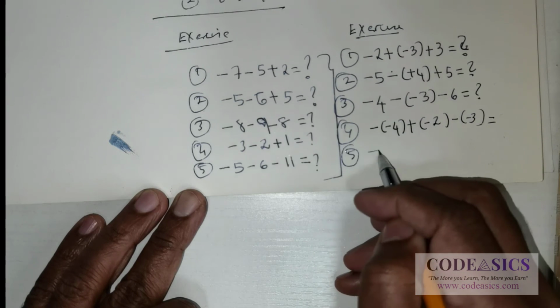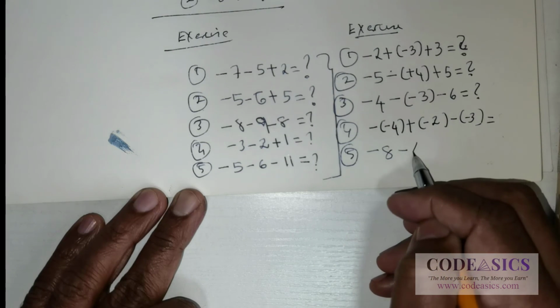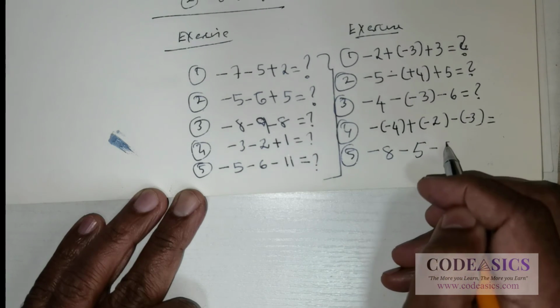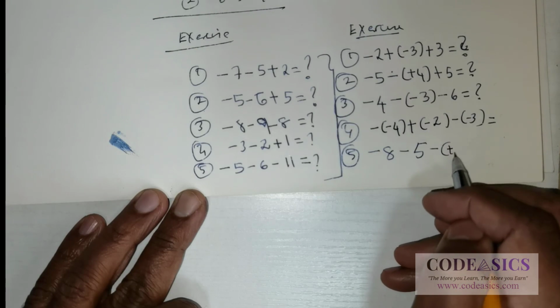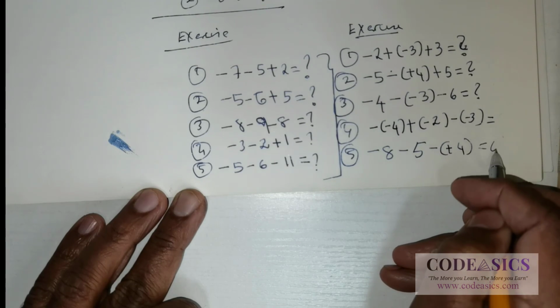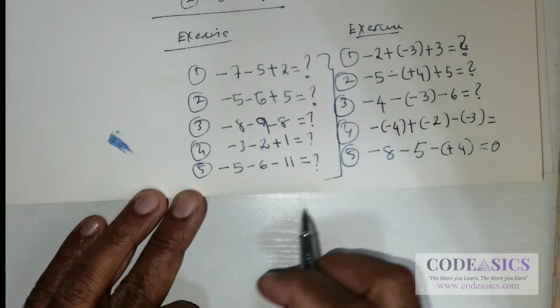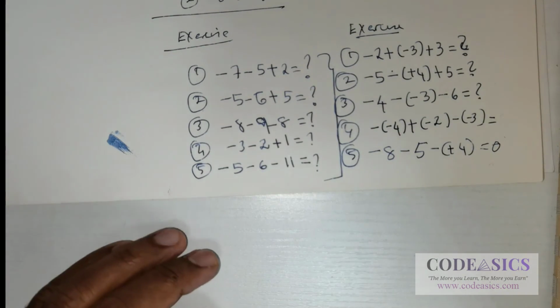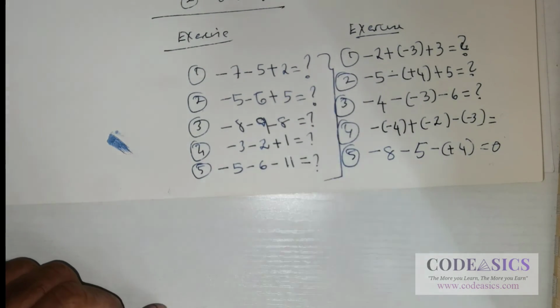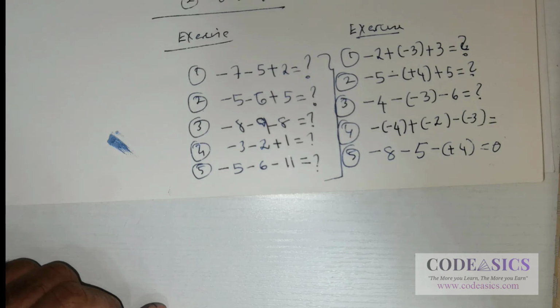And the last question, negative 8, negative 5, negative of positive 4. What is that going to be? Remember the sign and the law of signs. Students, this completes our chapter on adding and subtracting integers using the number line method.